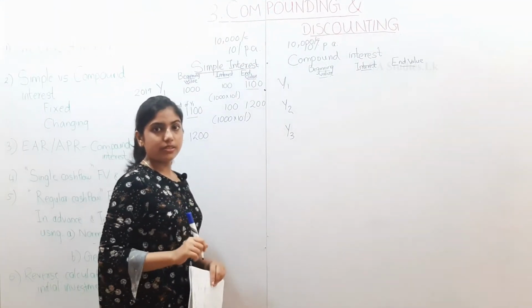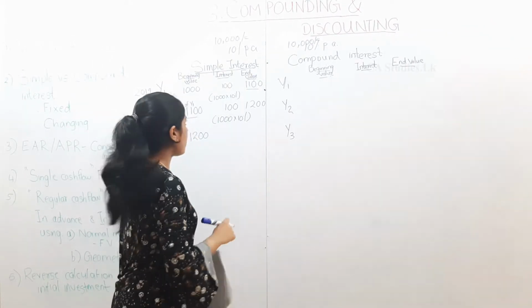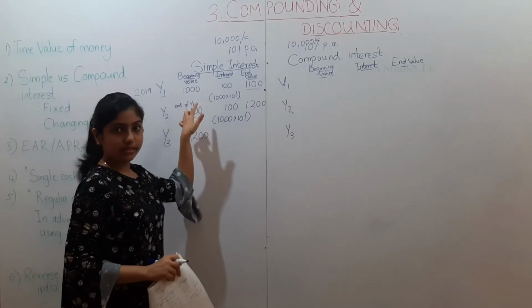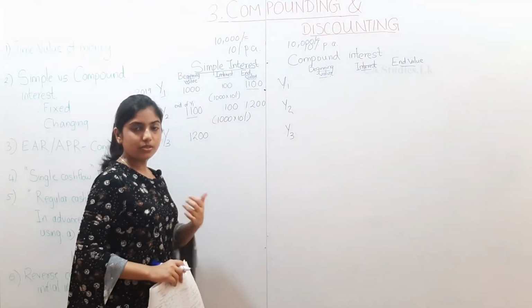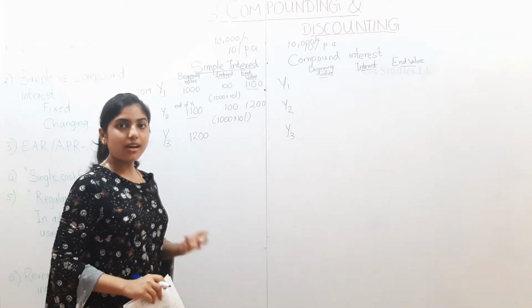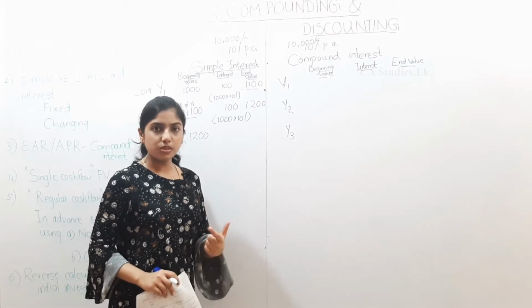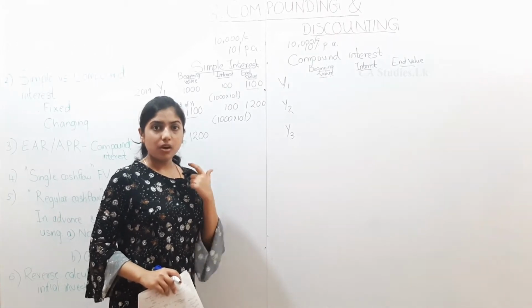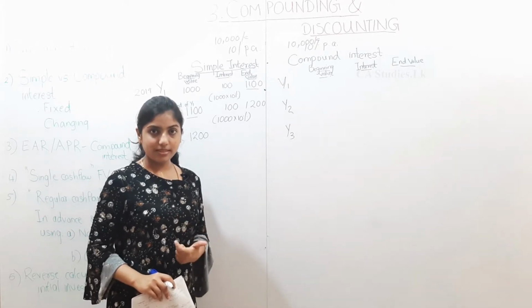Interest must be calculated based on the original investment value. The original investment value is 1000. Interest is 10%. So what will be your interest? 100. No matter how many years, rule for simple interest is original investment value multiplied by interest rate.